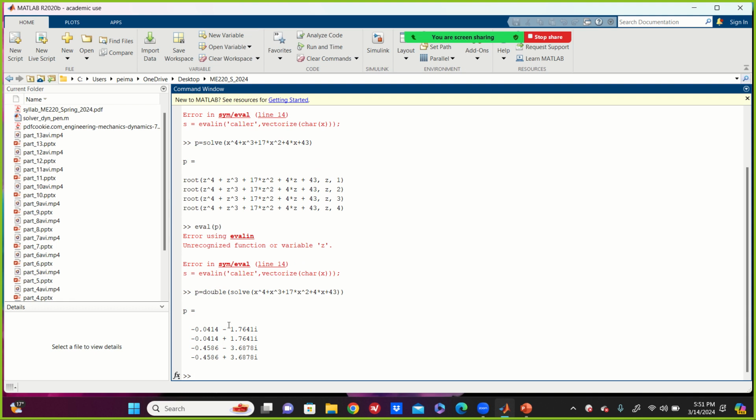Okay, you see that we have two pairs of complex conjugate poles. And the real part is this. Please write it down and let me know.